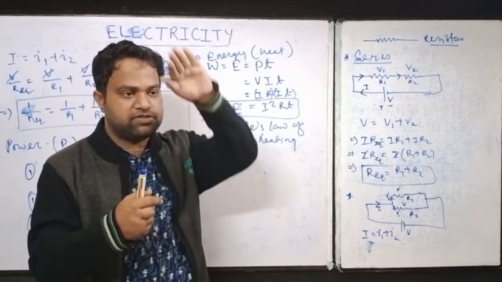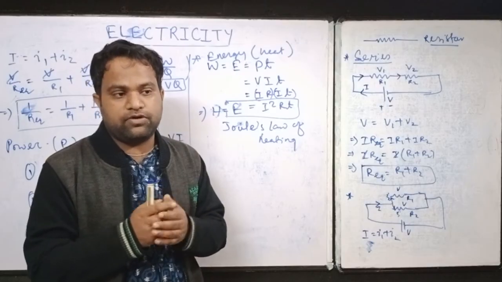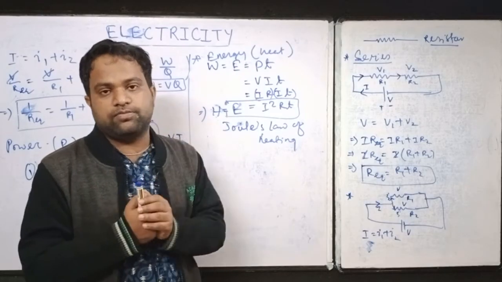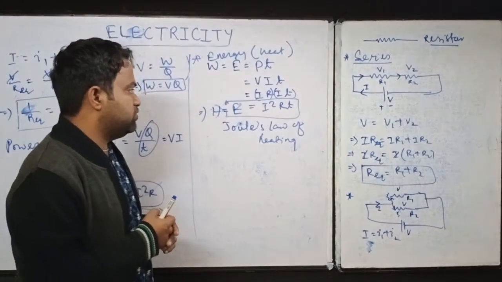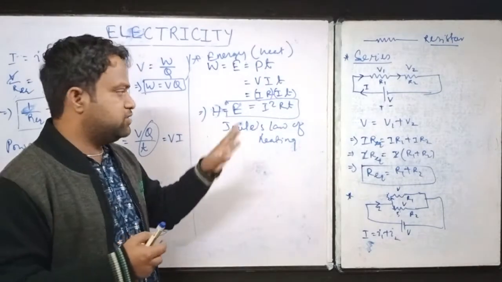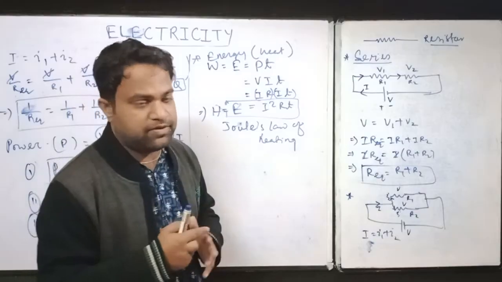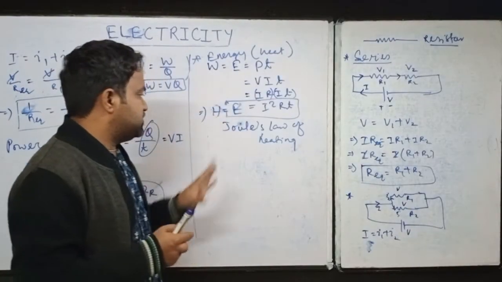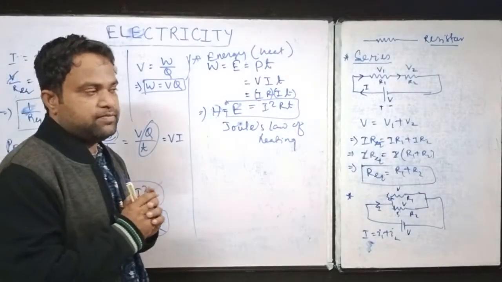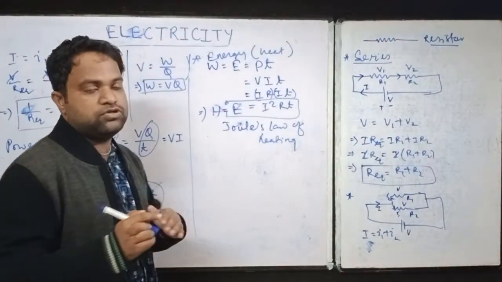When extra current comes, or extra load is there, it falls down, right? You might have seen that in modern days we are mostly not using the fuse, we are using MCB.